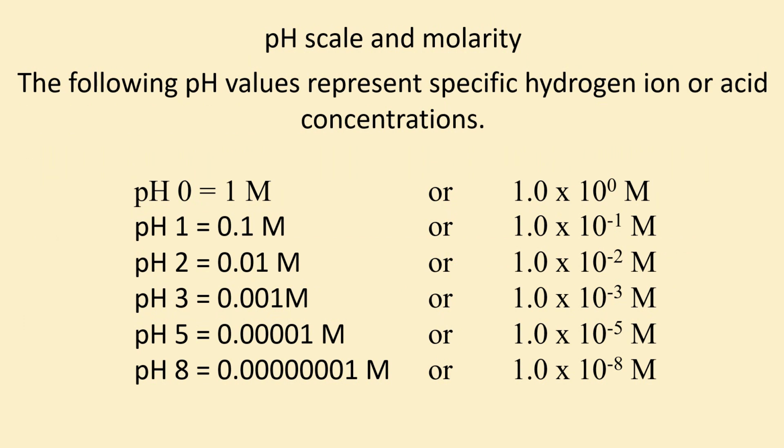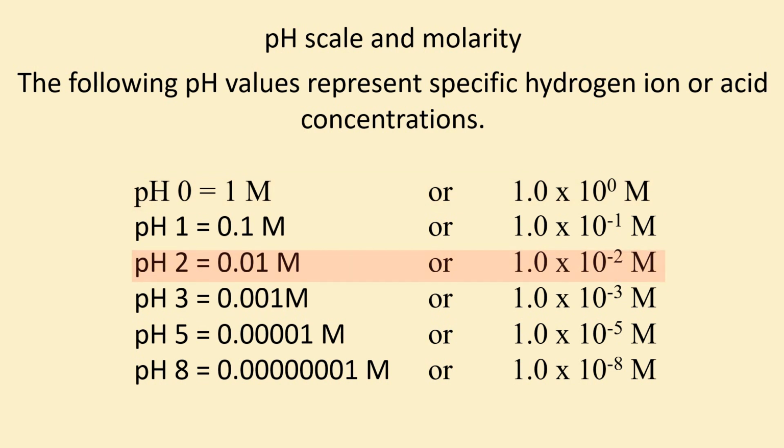The following pH values represent hydrogen ion or acid concentrations versus their pH. So a pH of 0 is equal to a 1 molar solution, or 1.0 times 10 to the 0 molar solution of an acid.